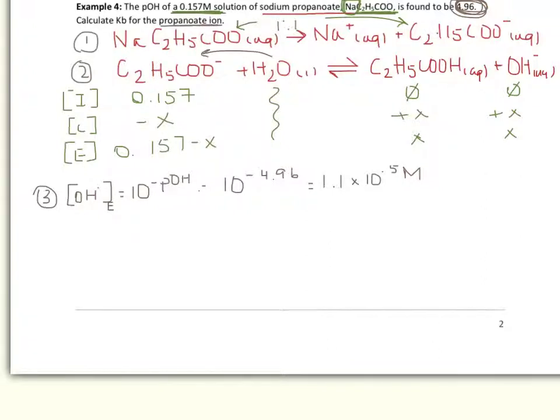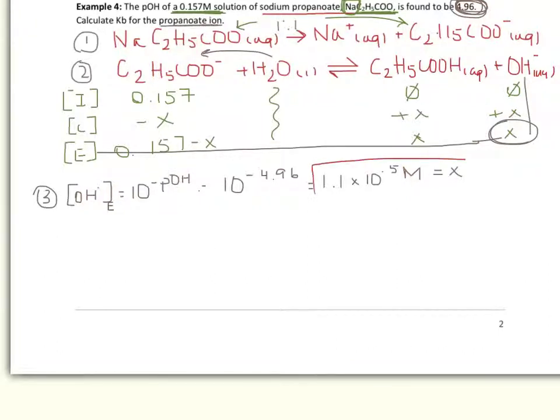We now ask ourselves in our ice table, what did we say was the equilibrium concentration of the hydroxide ion? And we said that that was X. So we have now found a value for X. Once you find a value of X, you can plug X into the equilibrium concentrations from your ice table to find the equilibrium concentrations of the other species that are present here.